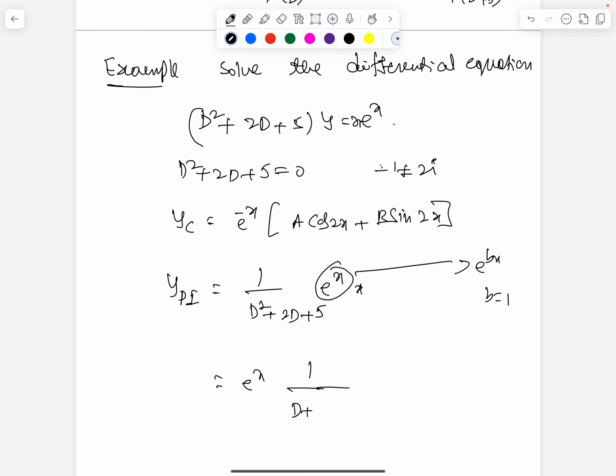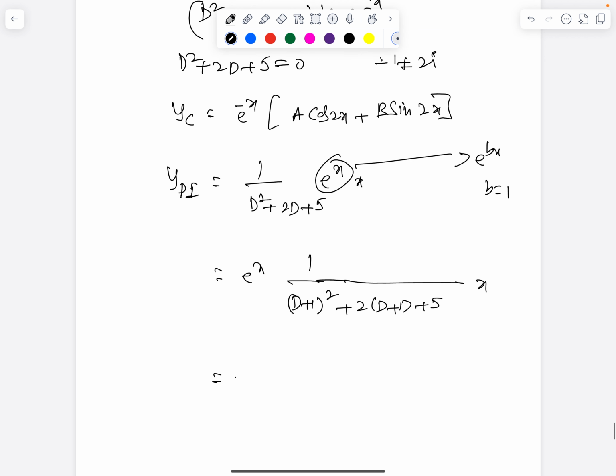B is 1, therefore d plus 1 whole square plus 2 into d plus 1 plus 5 into x. So e power x, and if you simplify, this is d square plus 2d and then 2d, 4d, and this is 2 and then 1, 3 plus 8 into x. You will be getting something like this.